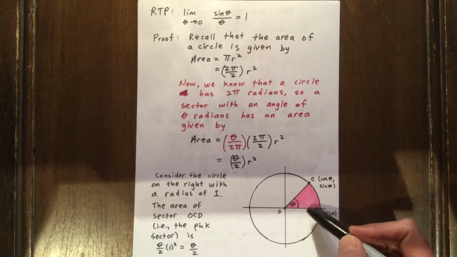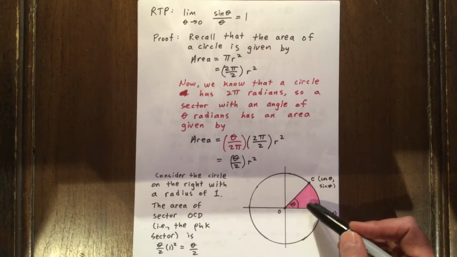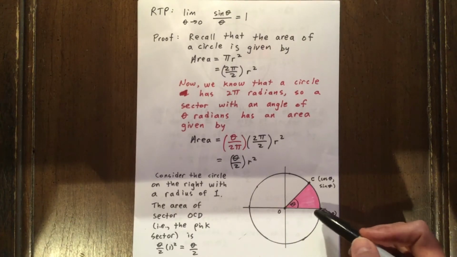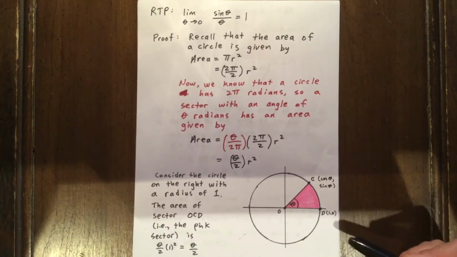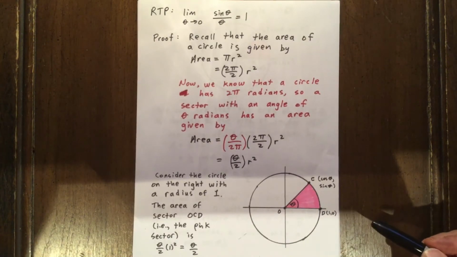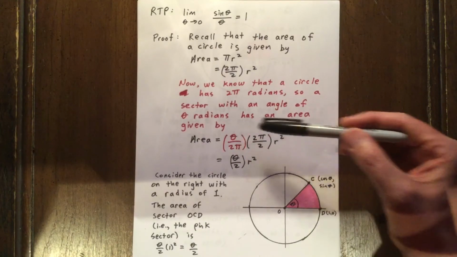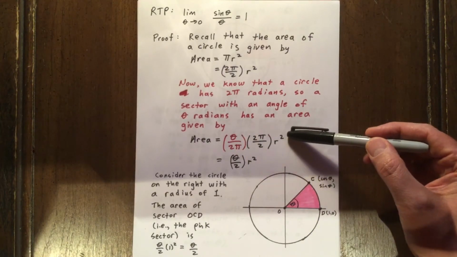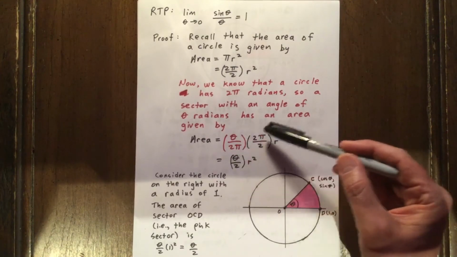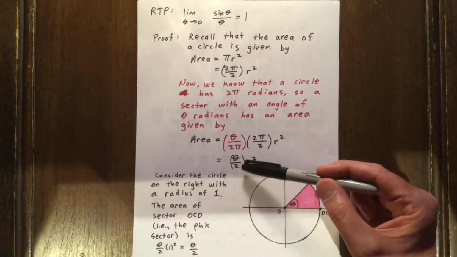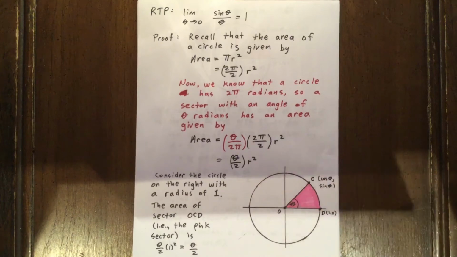So this sector represents theta over 2 pi of the circle as a whole, where theta is measured in terms of radians. So the area of this sector is theta over 2 pi times the area of the circle. These 2 pi's cancel out, and we get theta over 2 of r squared.